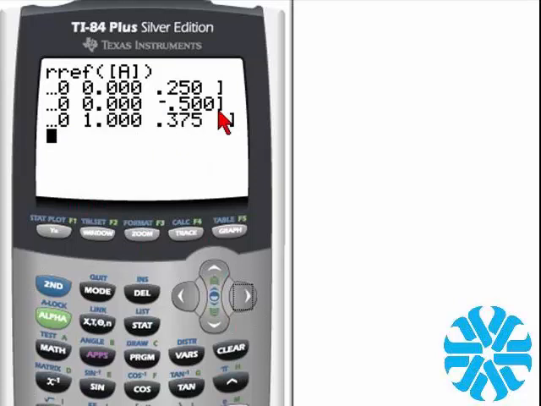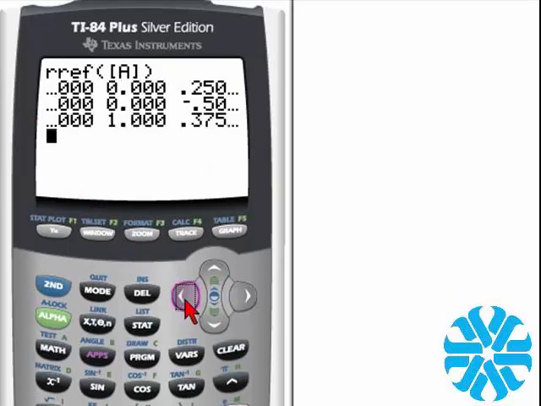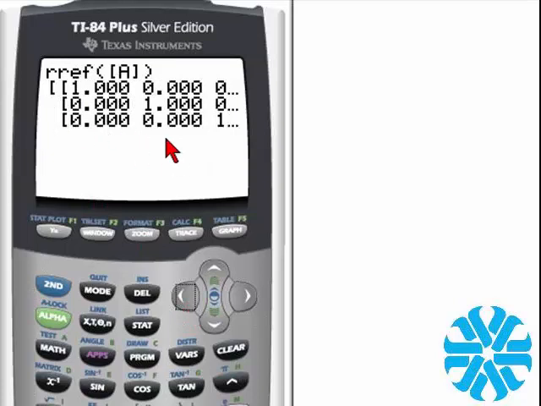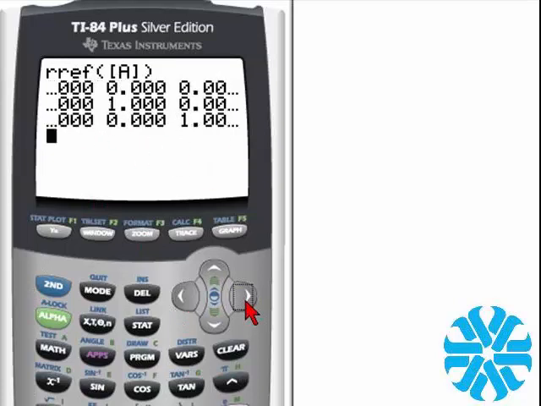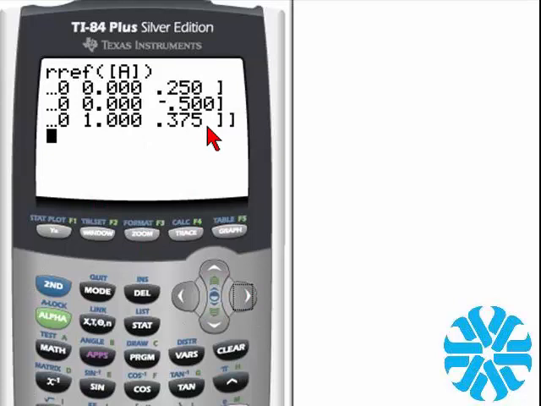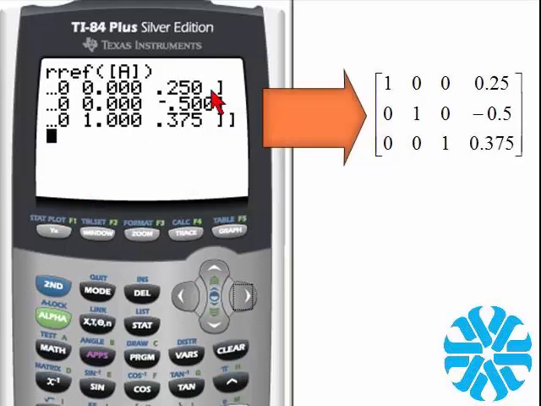So that means y is equal to negative 0.5, and finally we have the third row, where x is 0, y is 0, and we have 1z right here, and that's equal to 0.375. Okay, so x will be equal to 0.25, y will be equal to negative 0.5, and z will equal 0.375. Now, these are written in decimal form.